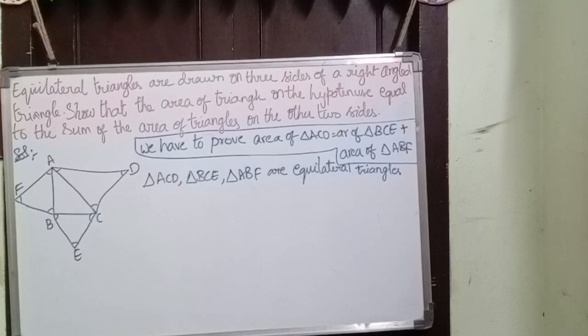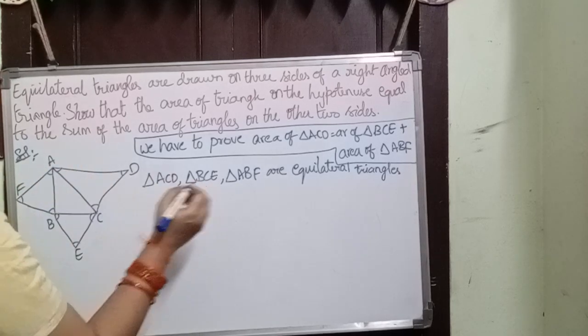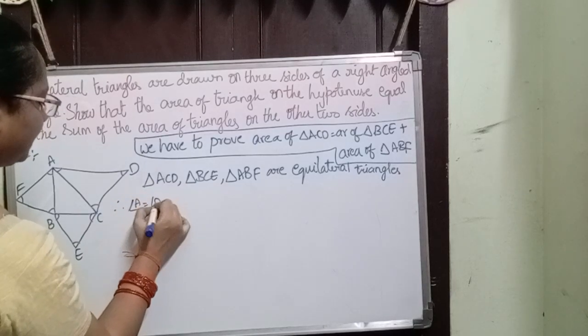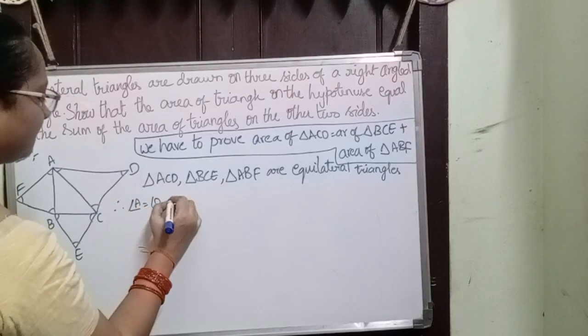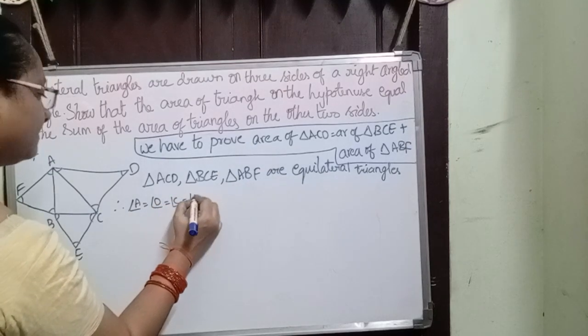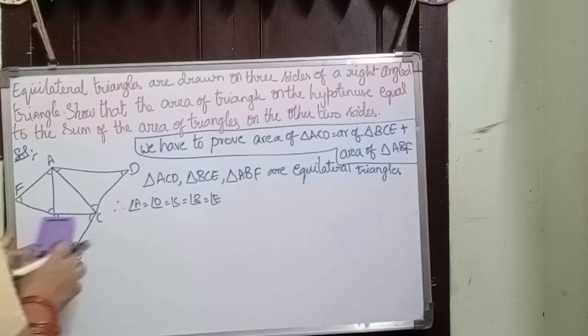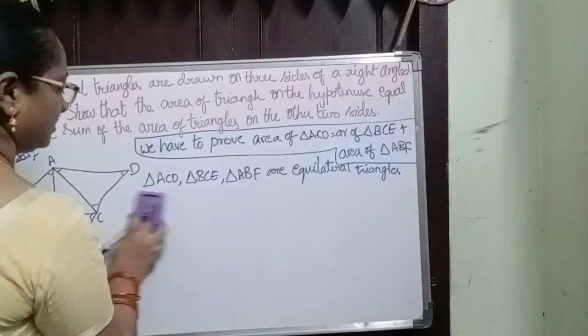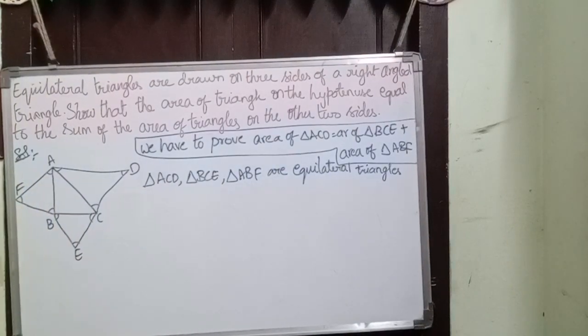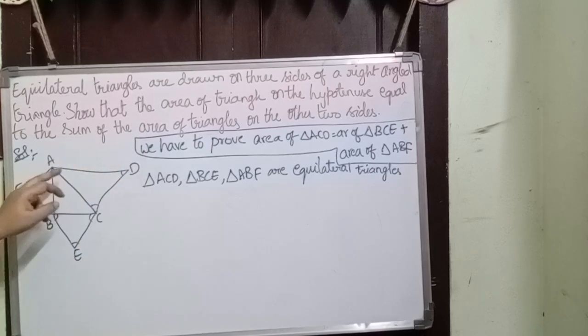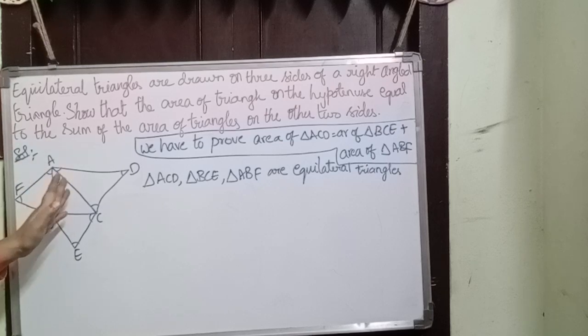Equilateral triangles will have all three sides equal and all three angles equal. Therefore, angle A equals angle D equals angle C equals angle B, angle E. I have already shown that in the diagram. Angle A means CAD and angle D, angle DCA. These all three will be equal.